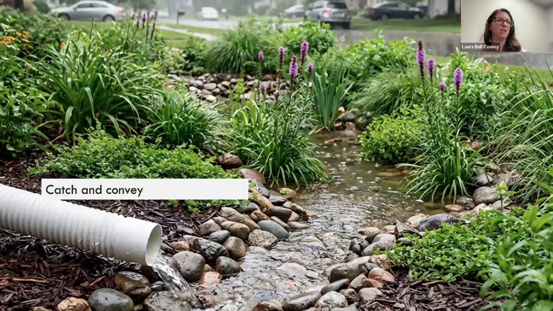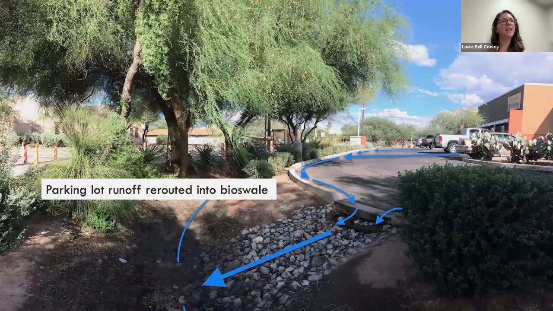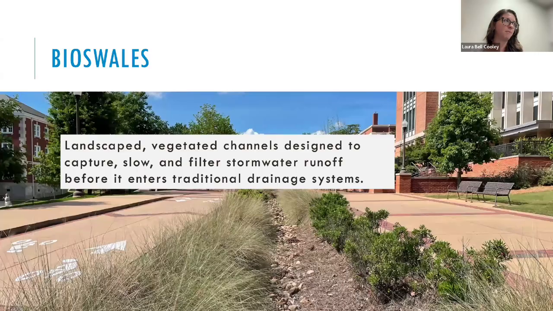Here's another example of a dry stream bed that's also capturing water from a disconnected downspout and moving it throughout the landscape. And then again, thinking at a larger scale, this is an example of a parking lot. You're doing the same thing, seeing this as a system of catch and convey, move throughout a landscape. So this is catching and conveying and then moving it into a bioswale behind the parking lot.